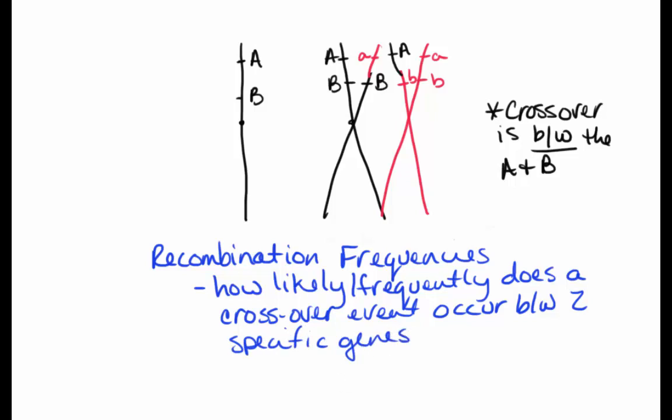So in other words, how likely are we to get crossing over between this A and B, like we saw up here? And we could look at other genes.